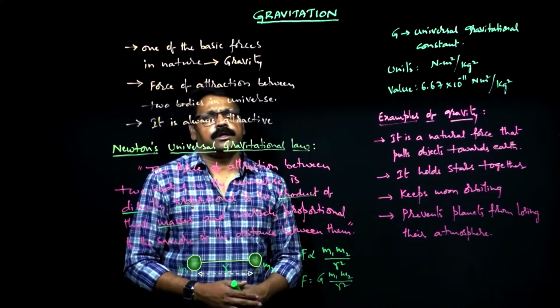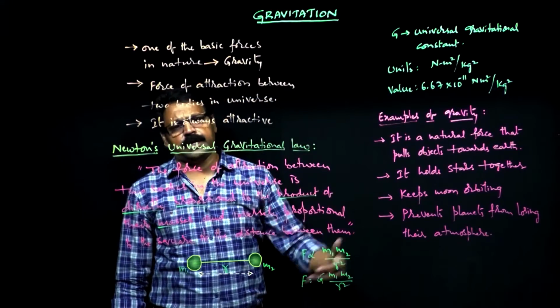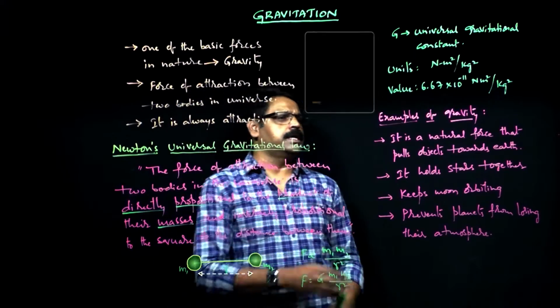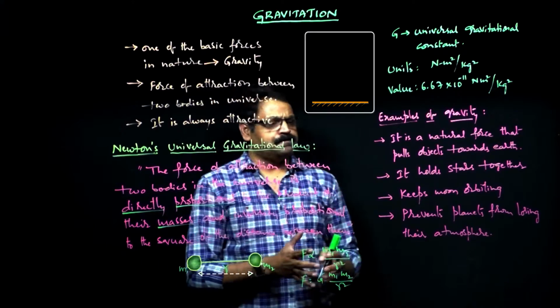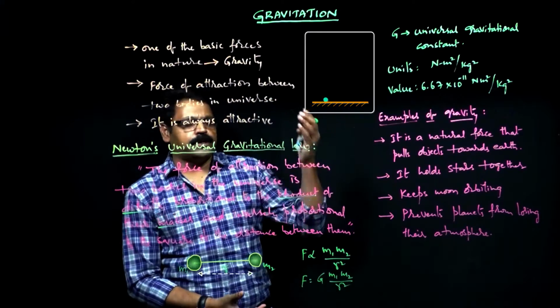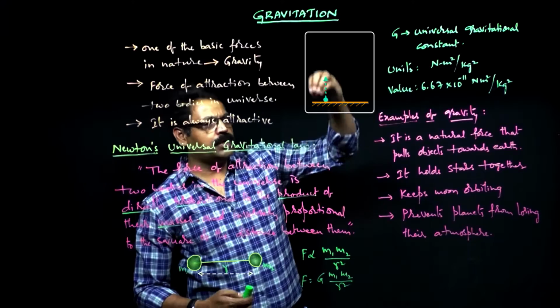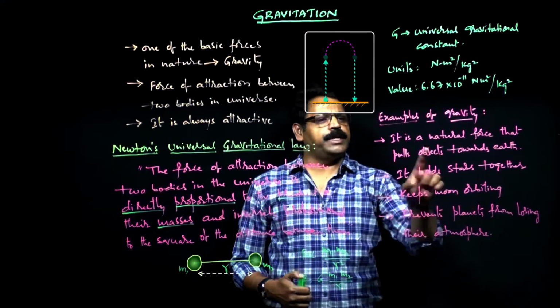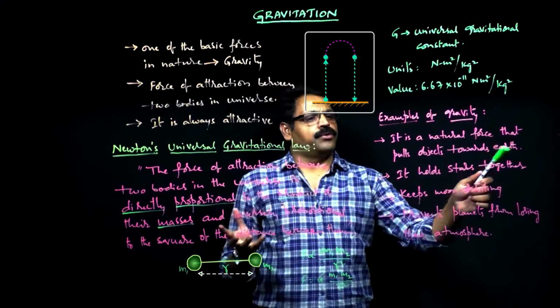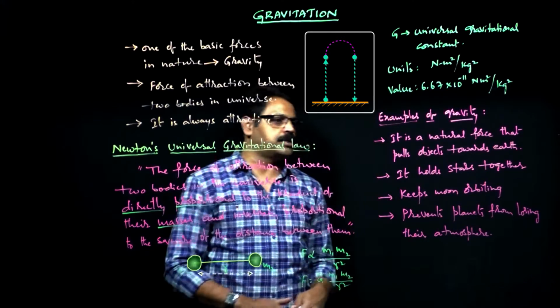In our day-to-day activities or examples, you can see gravity comes into play whenever a body is thrown upwards. Then it goes to a certain height and again falls onto the ground, which means it's a natural force that pulls objects towards the earth.